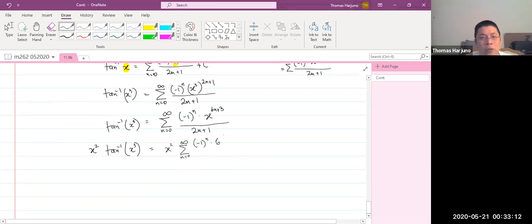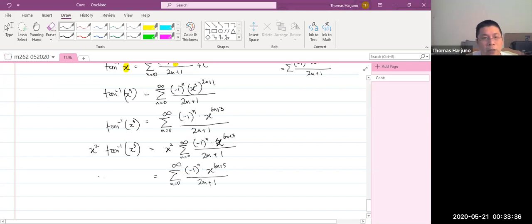Finally, we get the series from 0 to infinity, (-1)^n x^(6n+5) over 2n+1.